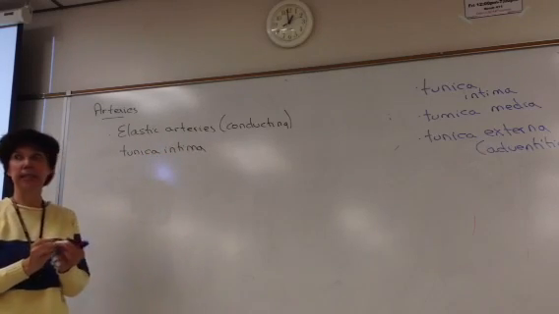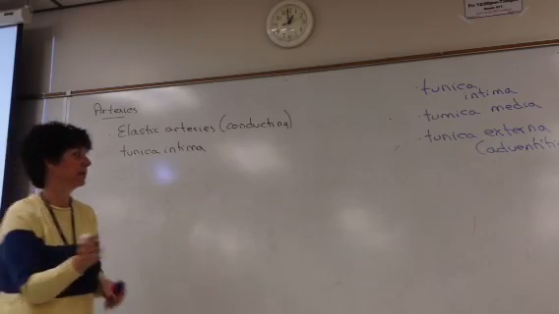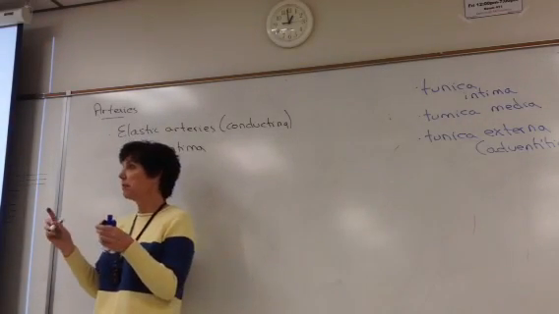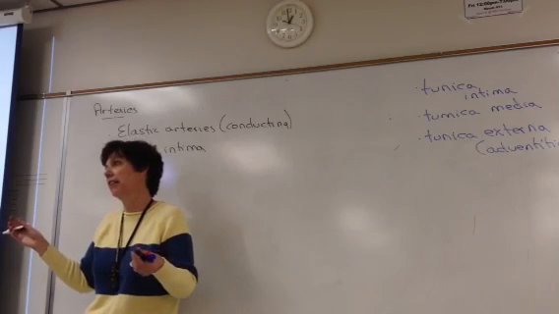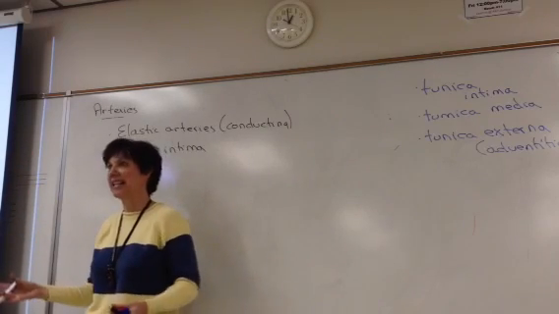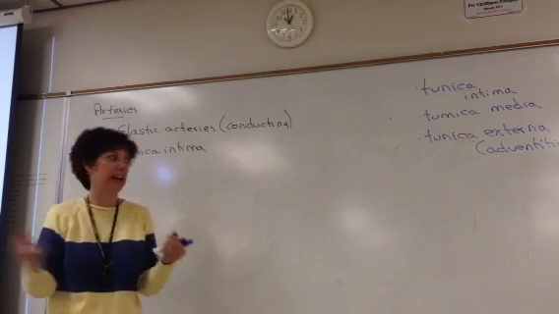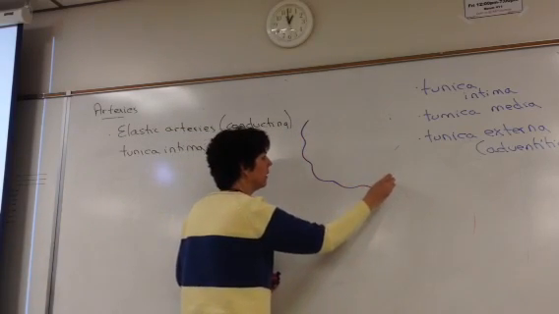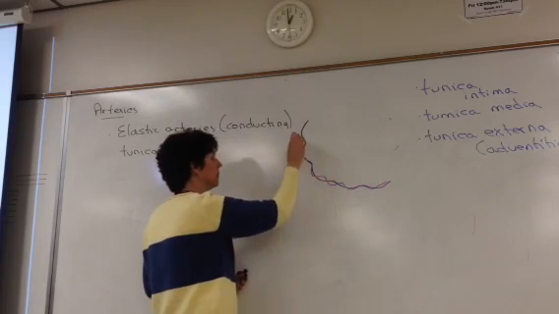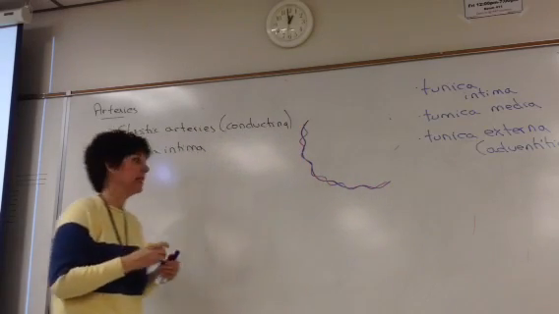We're going to have a simple squamous epithelium. My diagrams are not going to be proportional to size because you wouldn't be able to see the capillary, or I'd have to draw a really huge elastic artery so you would be able to see the capillary. So again, it's not going to be proportional. But we have a lining epithelium, which is simple squamous.